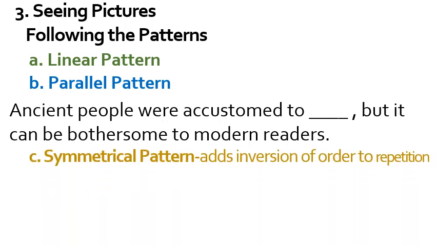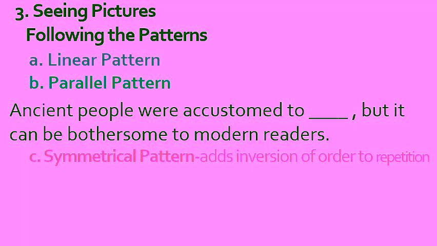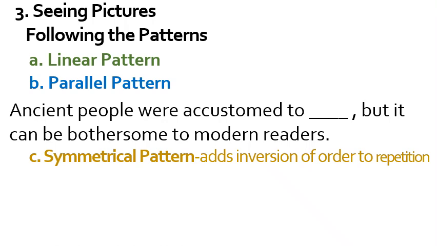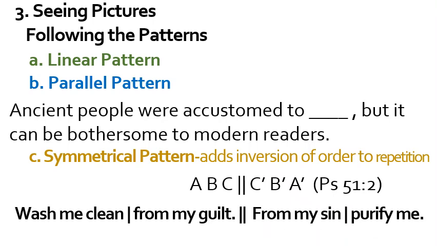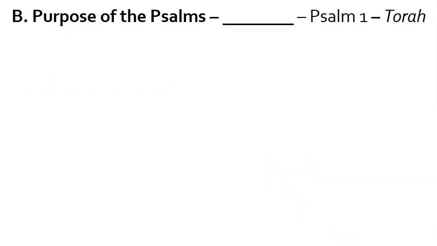A symmetrical pattern would be you take the first line and then you flip it in the second line, which adds inversion to the repetition. So ABC, then you have CBA. For example, Psalm 51:2, wash me clean from my guilt, from my sin, purify me. You see how that is flipped, inverted.